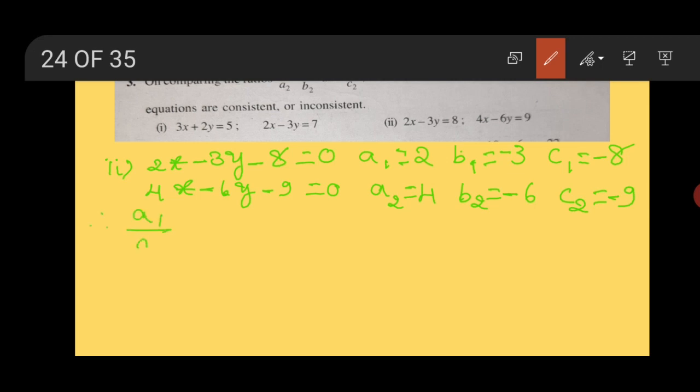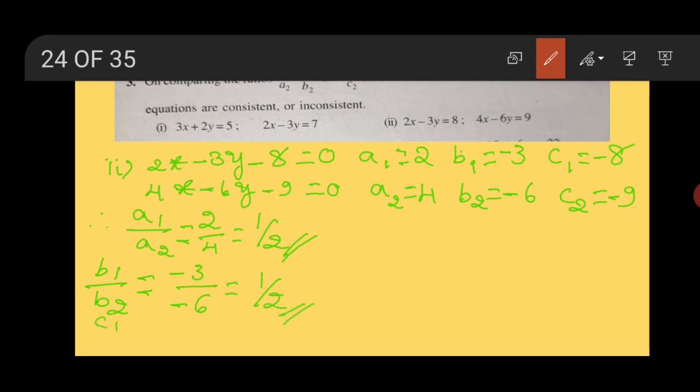So find the ratio A1 divided by A2. 2 divided by 4. Can you simplify? Yes, it is equal to 1 by 2. Now B1 by B2. Substituting the values, minus 3 divided by minus 6. Again here 3 ones are 3, 3 twos are 6, and minus divided by minus is equal to plus. So it is also 1 by 2.